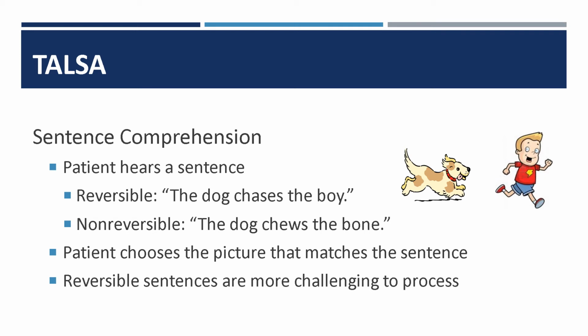We can say, "The dog chews the bone," but not, "The bone chews the dog." However, in a reversible sentence, the subject and the object can be switched. The sentences, "The dog chases the boy," and "The boy chases the dog," both make sense. Processing a reversible sentence is a harder task.